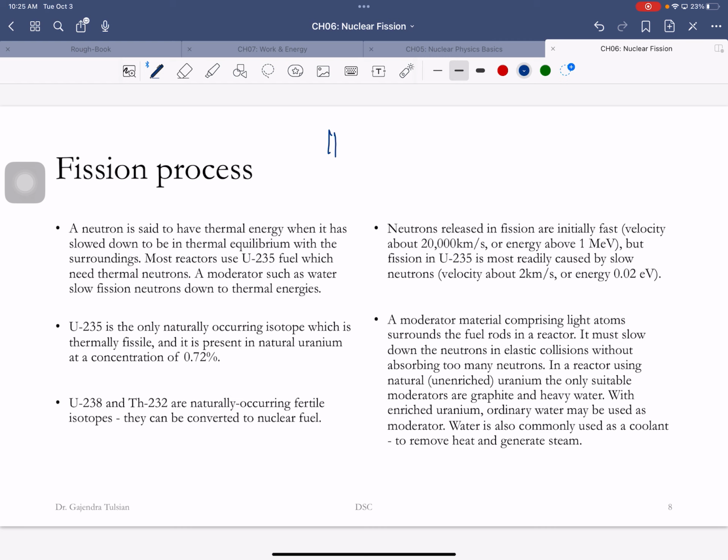here's ordinary water, so you'll hear heavy water, D2O, okay? So D is a, okay, this is hydrogen, and this is an isotope of hydrogen.